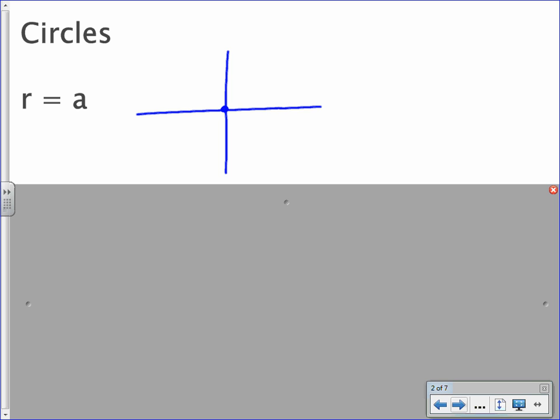This is the pole. So we have a circle with center at the pole, and what is the radius of this circle? a. Whatever that value is, that's our radius, right?